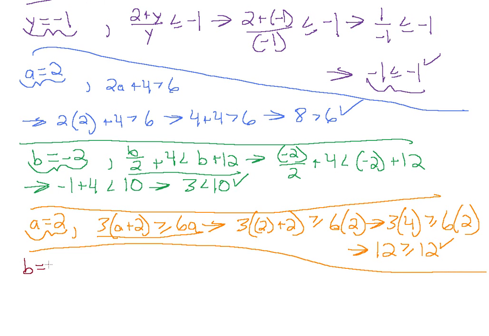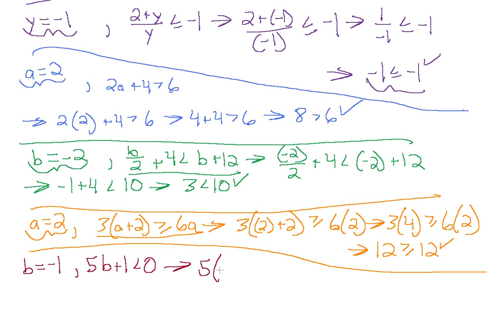We want to check that the value b equals minus 1 is contained in the solution interval for the inequality 5b plus 1 is less than 0. So we go about it by plugging in minus 1 everywhere we see b.